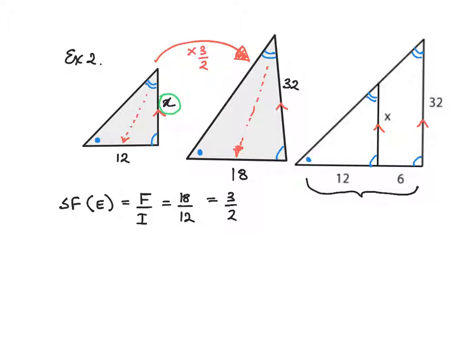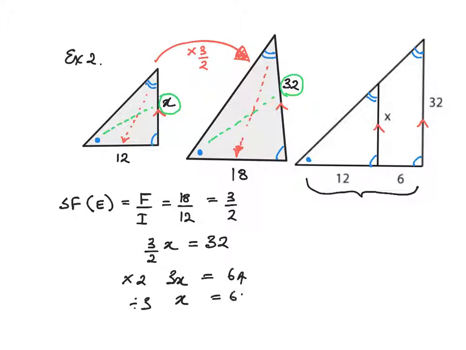So, what will the equation be? 3 over 2 times x equals 32, because the 32 is the side on the larger triangle opposite the blue dot and corresponds with the x on the smaller triangle. Multiply by 2, so 3x equals 64, and then divide by 3, so x equals 64 over 3.